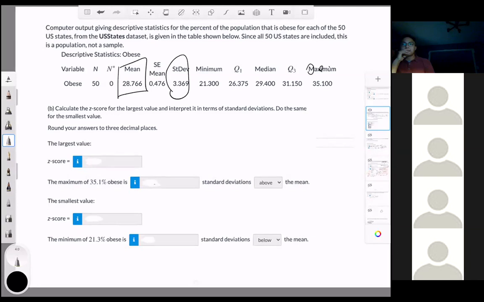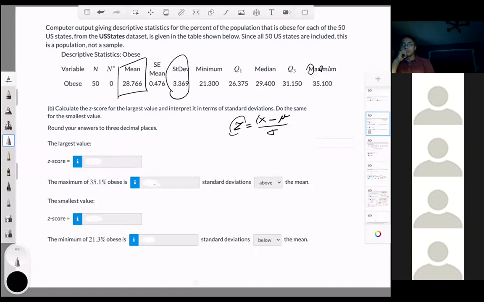So how do we calculate the z-score? The formula for z-score is z equals x minus mu divided by the standard deviation. That gives me the z-score. Whatever z is tells you how many units above or below the mean.